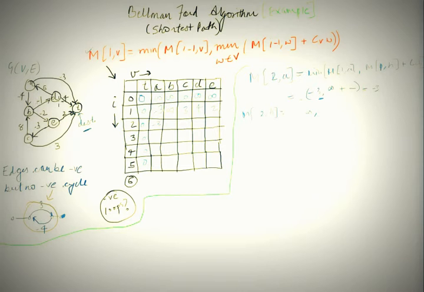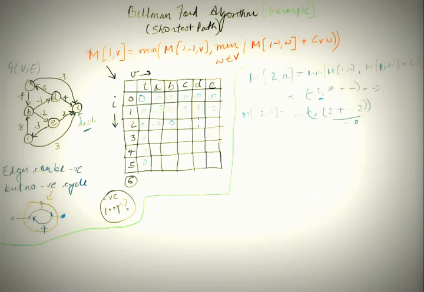Using BDT, D to T is 4 and B to D is -1, so that is 3, and this path BET is -2 plus 2, which is 0. So this is the minimum path. I'll use the distance from E to T, which is 2, plus the cost of B to E, which is -2. The minimum of infinity and these two values is 0. I'll fill in 0 here.